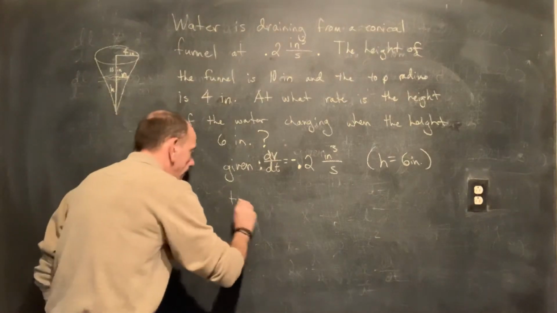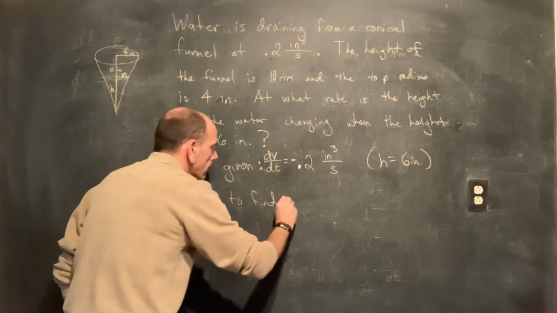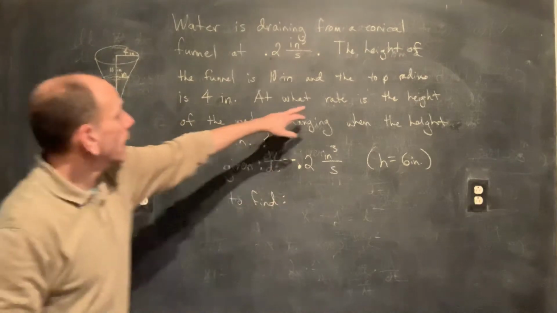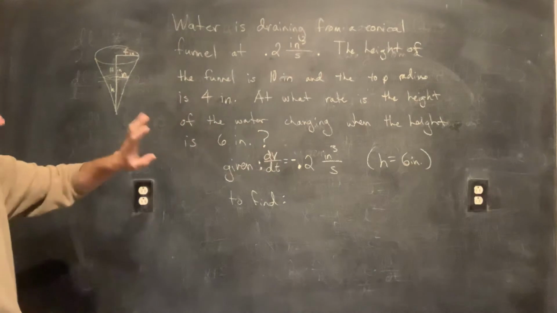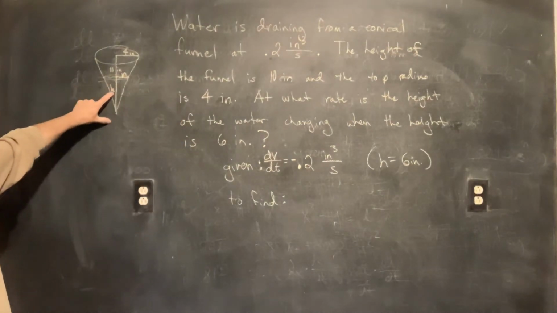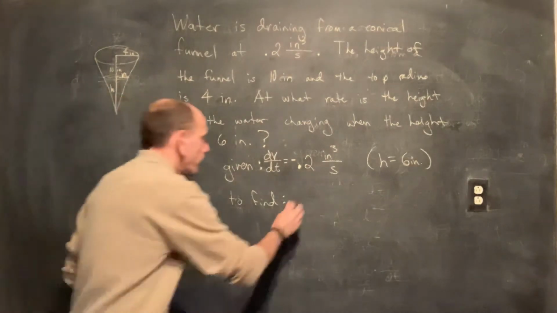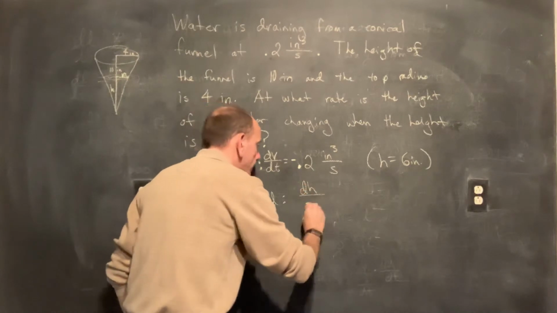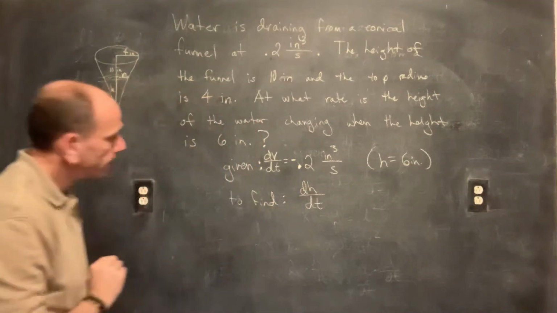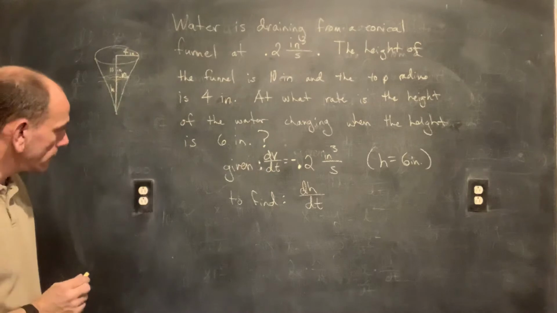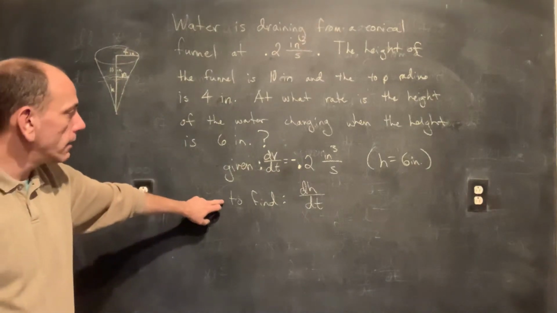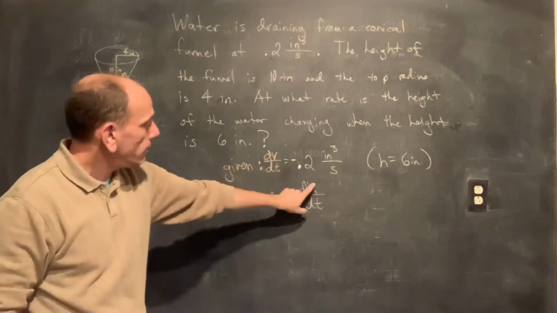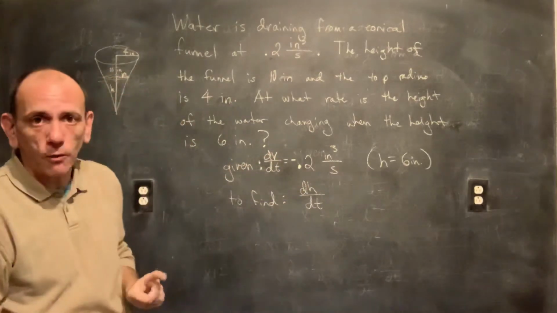And let's see, what we need to find is the rate of change of the height of the water. So the rate of change of h, dh/dt. Nice. So I've got my given rate, I've got my to-find rate. We're looking at the volume and the height of a cone.